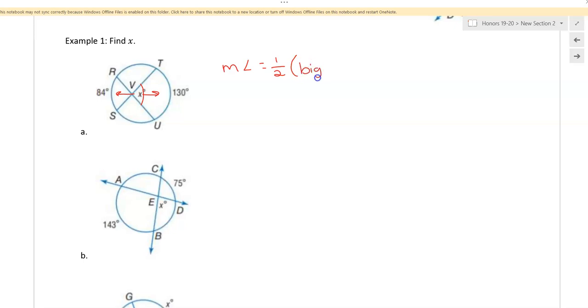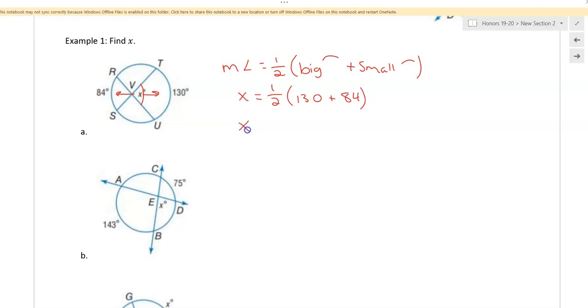In this theorem it doesn't, but big arc plus small arc. Okay. So x equals 1/2. Our larger arc is 130 plus 84. Again, in this one, since it's addition, they're the same. In later problems, it's subtraction, so we gotta be careful.